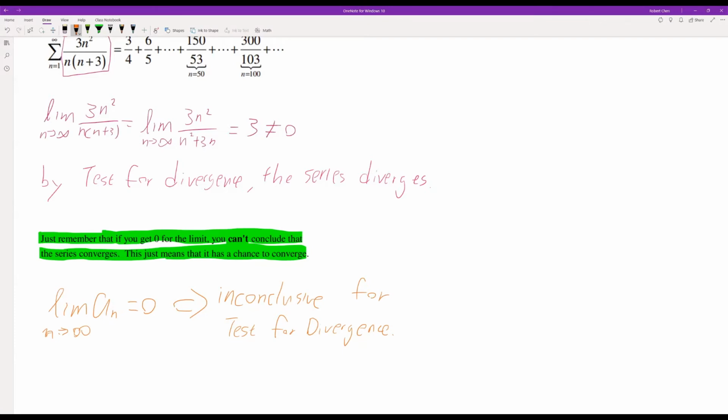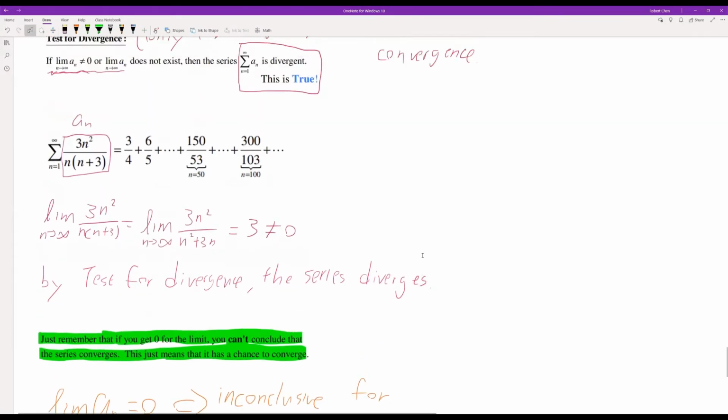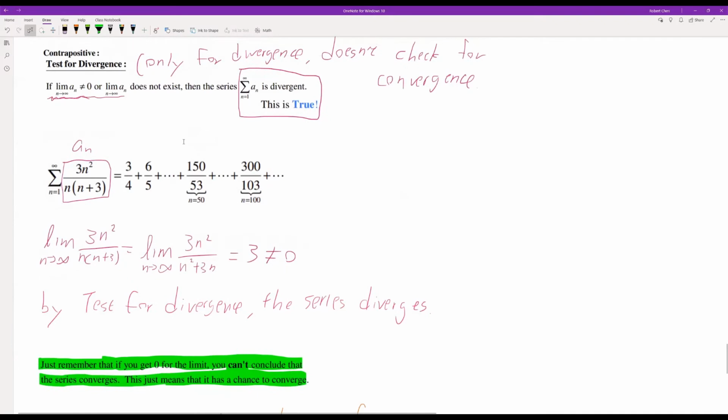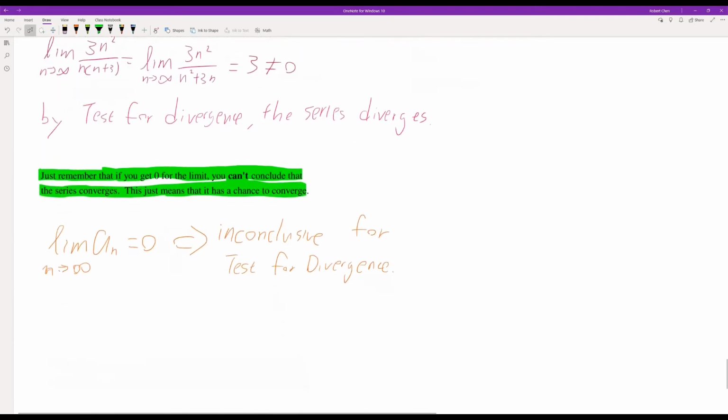So be very careful. The test for divergence only checks if your series diverges. If the test for divergence fails, then you cannot say anything about the series. You cannot say it converges. It just has a chance to converge, but it does not necessarily have to converge. Okay, so be very careful.